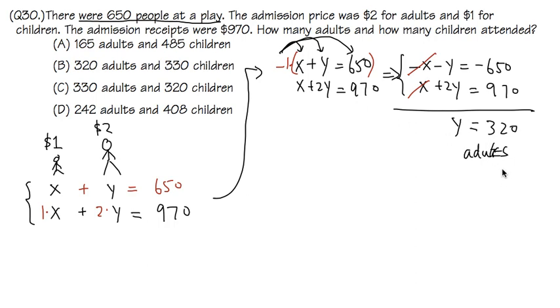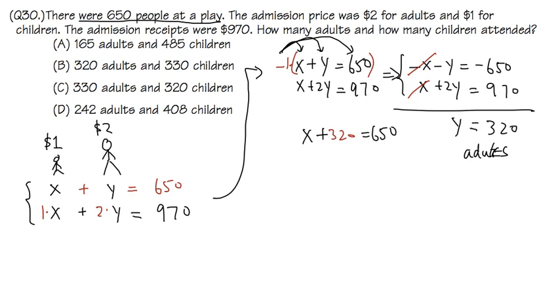Okay, so we have 320 adults, and let's plug 320 into this equation to find out how many kids there were. So we know that X plus Y becomes X plus 320 because we found it, and that's equal to the total of 650 people.